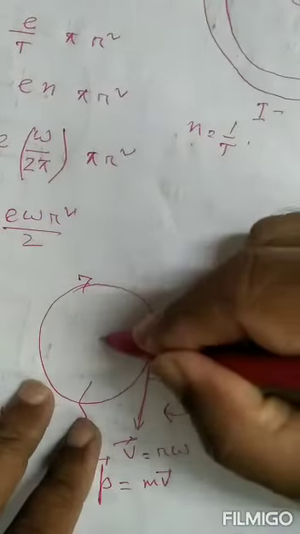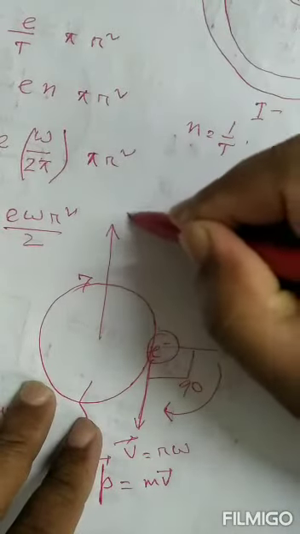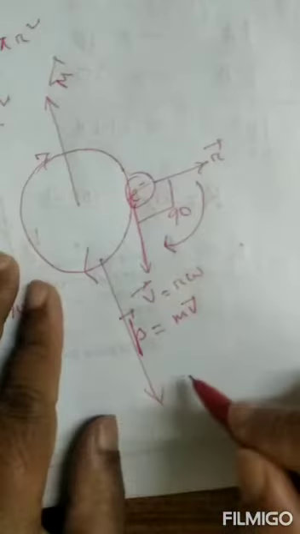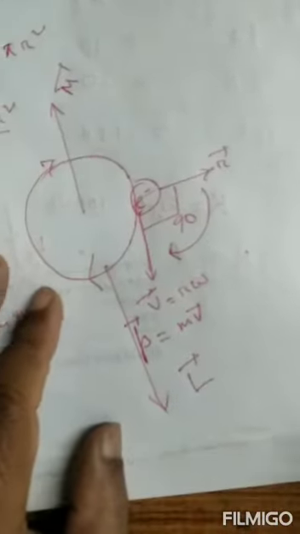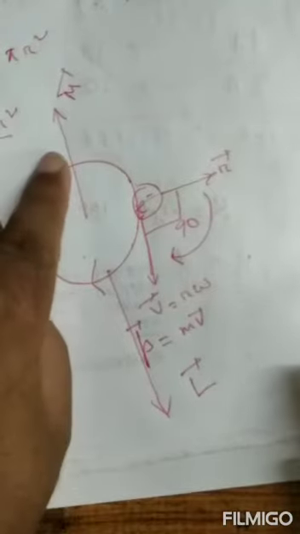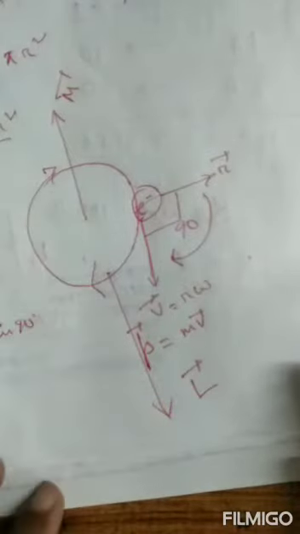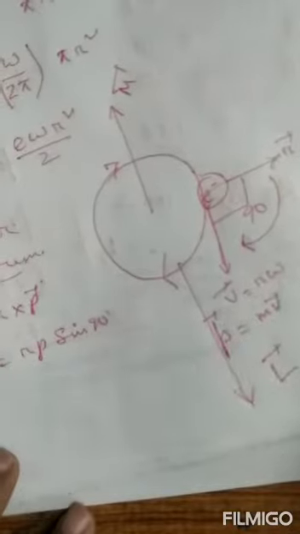That means this is the direction of magnetic dipole moment and this is the direction of angular momentum. That means the magnetic dipole moment of the revolving electron and the angular momentum of the revolving electron are opposite to each other. And what is the magnitude of angular momentum?